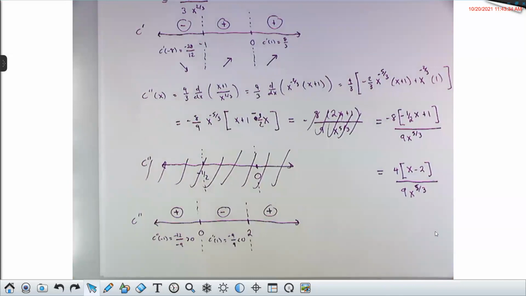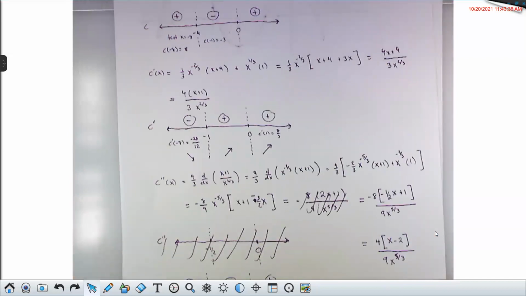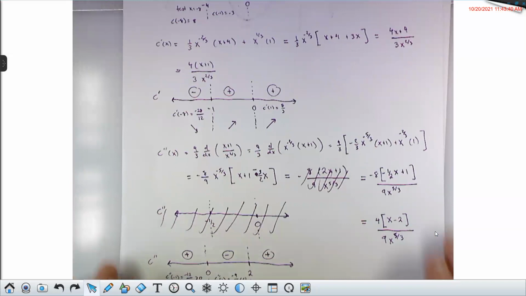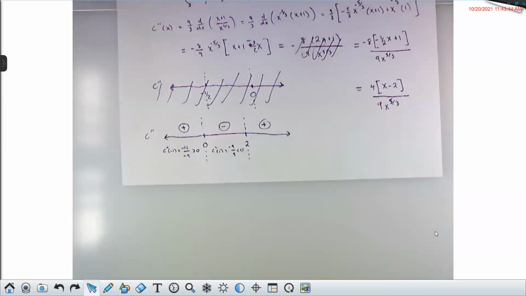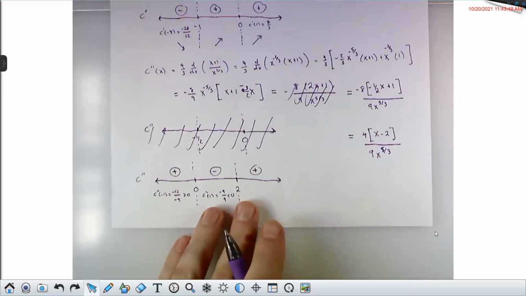So now I have all 3 number lines, one for the original function, one for the first derivative, and one for the second derivative. And I'll put these together, specifically the last 2, into a number line for the shape of the function.